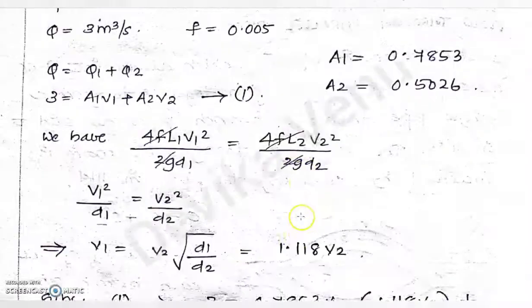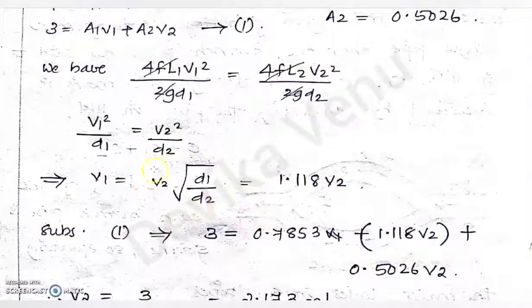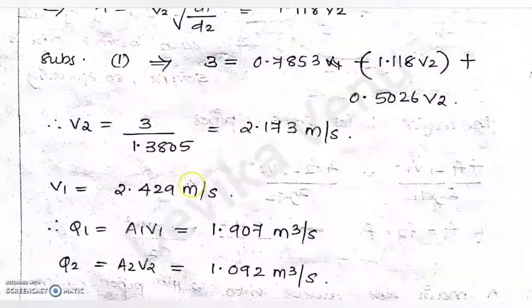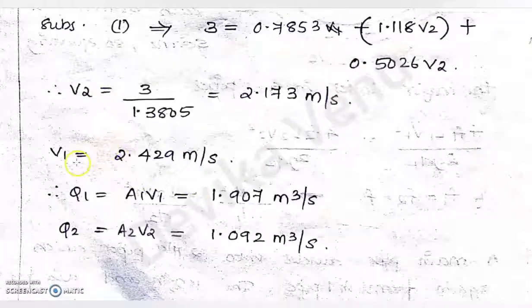Then substitute in this relationship, and you will get V1 also. So you got V2 and V1. From that it is very easy to find the discharge for each pipe. Q1 is equal to A1 V1, so area into velocity will give you the corresponding discharge, and again Q2 is equal to A2 V2. So you will get the answer like this. I hope this problem is clear to you.